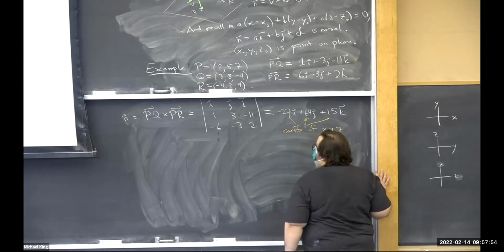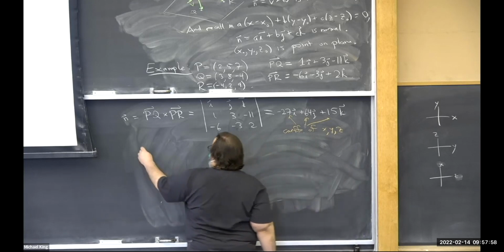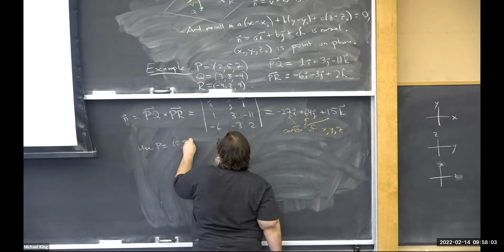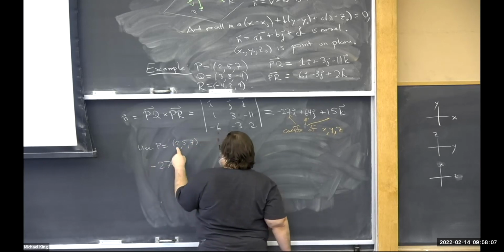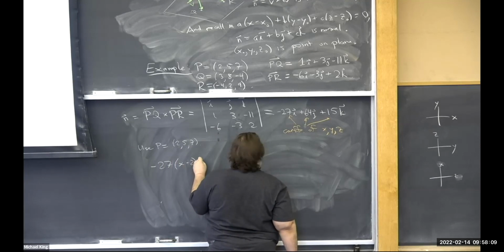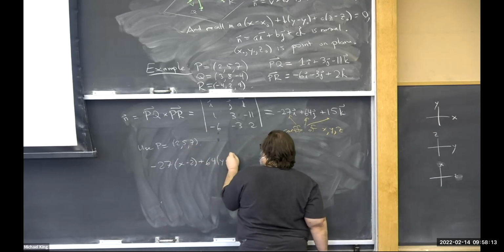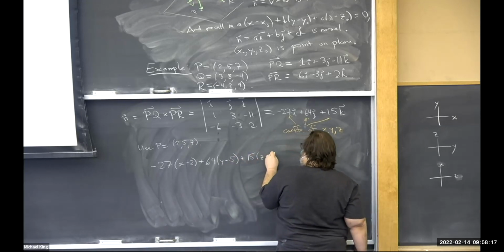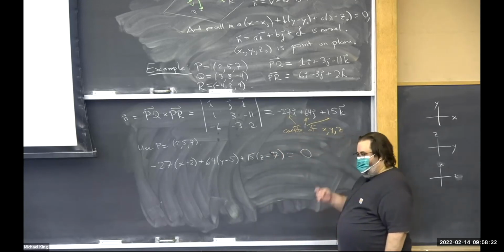And we can use one of the points, say P. It doesn't really matter, we could use any one of the points and say that we get minus 27 times x minus 2, because that comes from P, plus 64 times y minus 5, plus 15 times z minus 7 equals 0 is supposedly the equation of our plane.